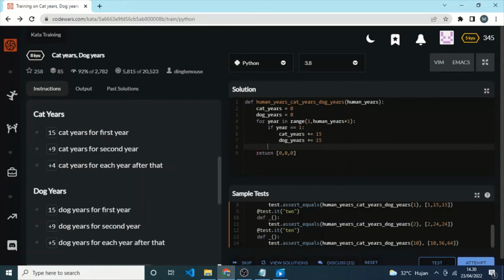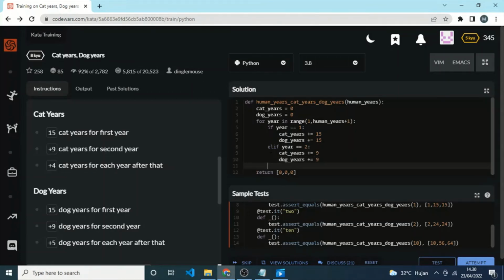Then if it is the second year, both will be plus 9. So else if year is 2, then cat years plus 9, and then also dog years plus 9.